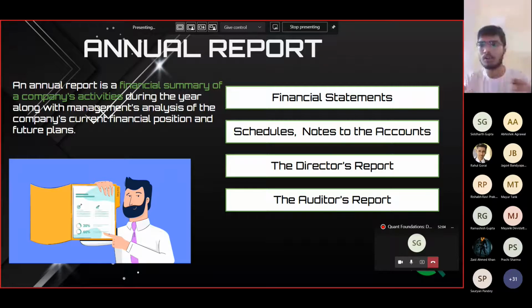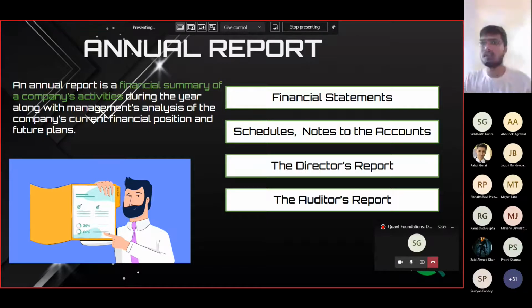All that cannot be included in a single-page balance sheet or profit and loss statement, so they include schedules and notes to the accounts. For example, if there is a line in profit and loss, other income, whatever comes in other income they cannot post in the P&L statement because there is not that much space.